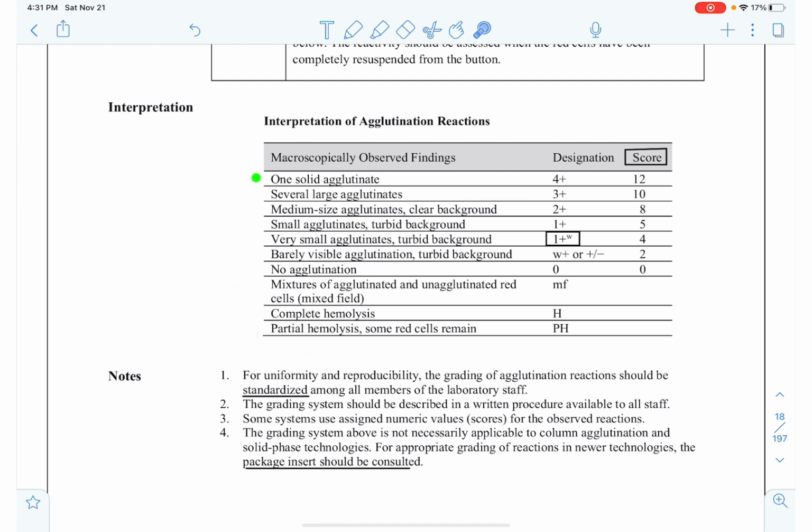One solid agglutinin is a 4+, and so on down the line. We have a weak plus, a 1+ weak, 1+, 2+, and 3+. We also have no agglutination, which is considered a 0, and we have mixed field hemolysis and partial hemolysis.